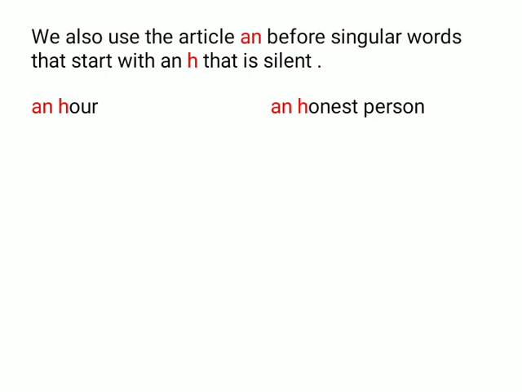That's why we use the article an before the singular word that starts with an H that is silent. That is an hour. The next example, an honest person. Again in this example also, in honest, the H is silent. That's why we use the article an before a singular word that starts with an H that is silent. That is an honest person. Understood, students? Now see something more.